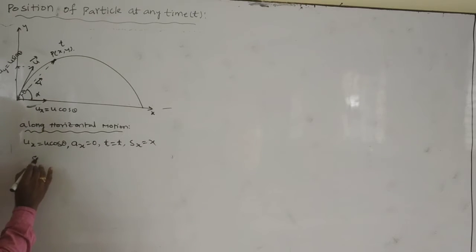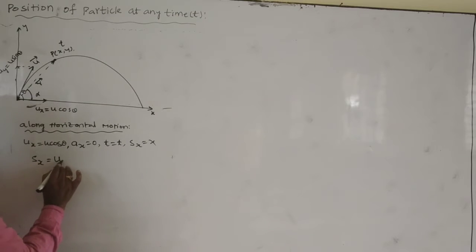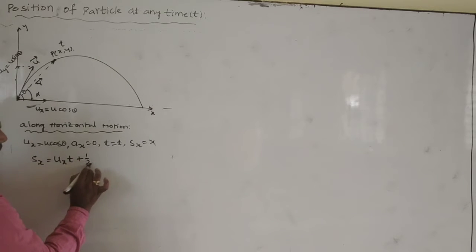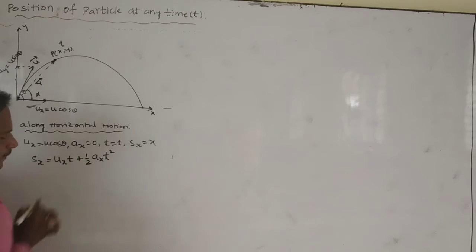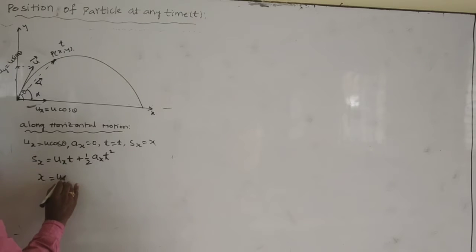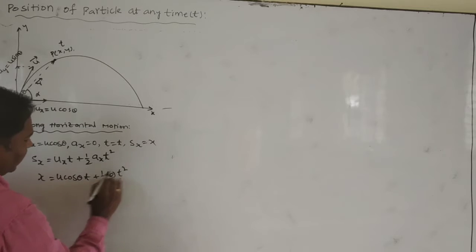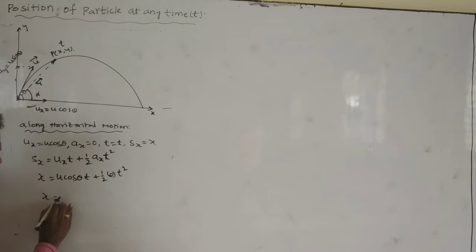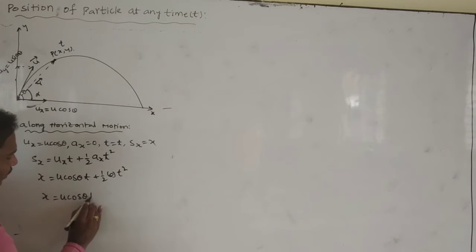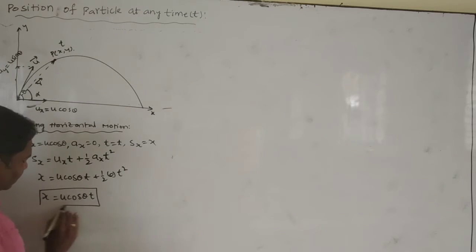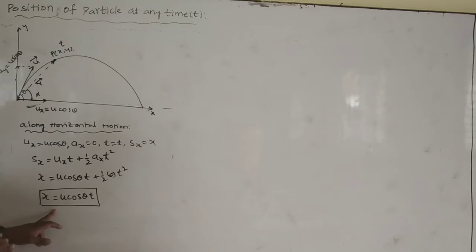Using sx equal to ux t plus half ax t square, sx means x, equal to u cos theta into t plus half into 0 into t square. So x equal to u cos theta into t. This is the x component along the horizontal direction, a very important formula.